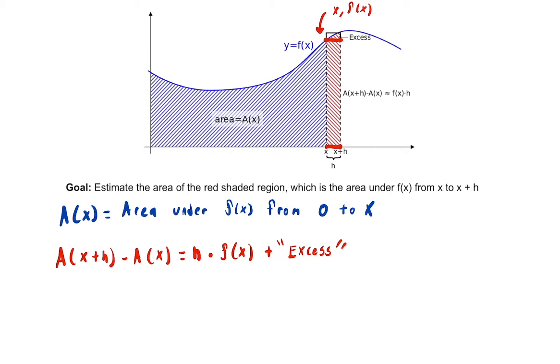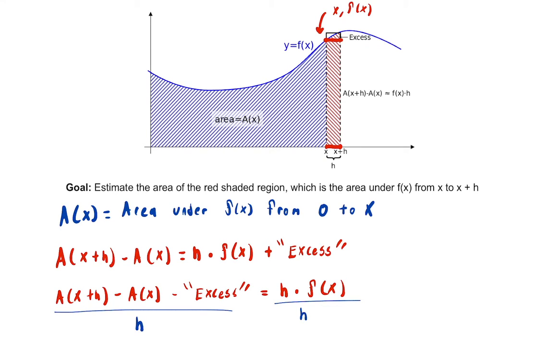And one thing I could do is rearrange this equation. I'm going to move the excess over to the left-hand side. So I'm going to have A of x plus h minus A of x, minus that excess, and all of that is still going to be equal to h times f of x. I'm going to do another trick here. I'm going to divide through by that h.